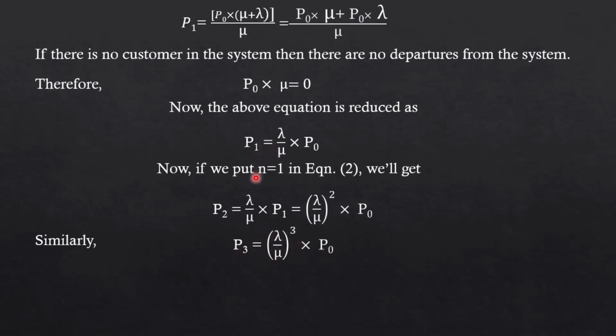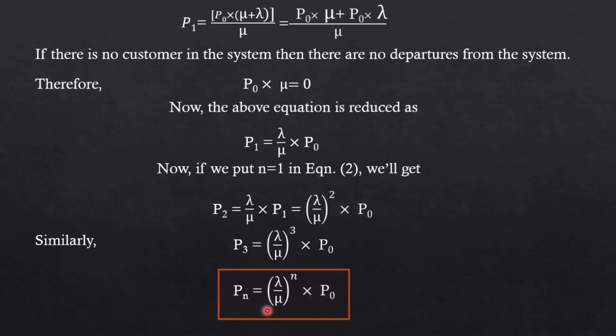Now after analyzing these equations, we can say that the probability of having n number of customers in the system is given by lambda by mu to the power n multiplied by p0. This is a very important result in queuing theory, and we will repetitively use this equation in solving various problems.